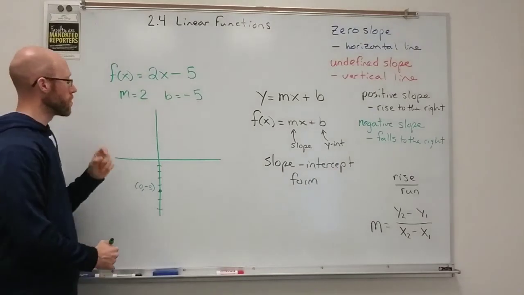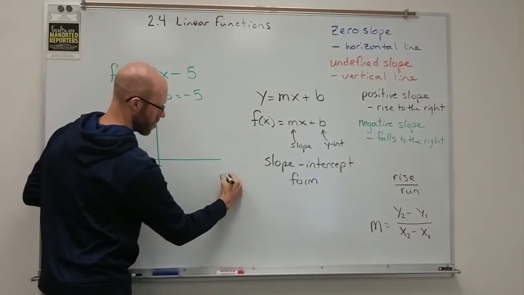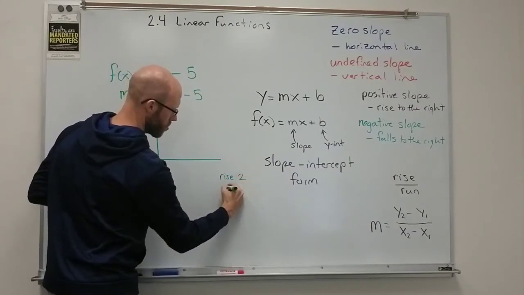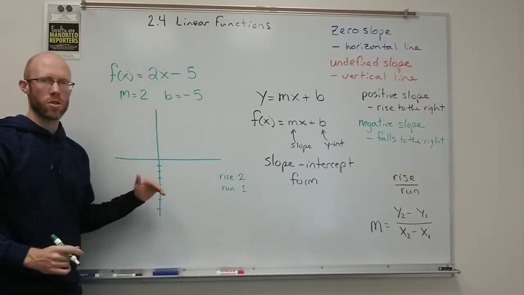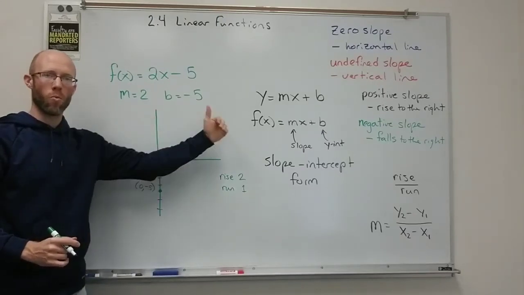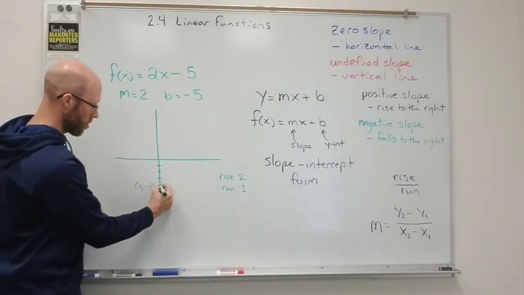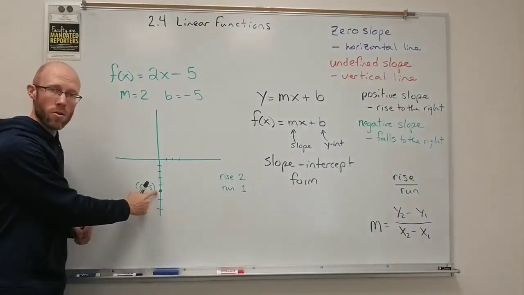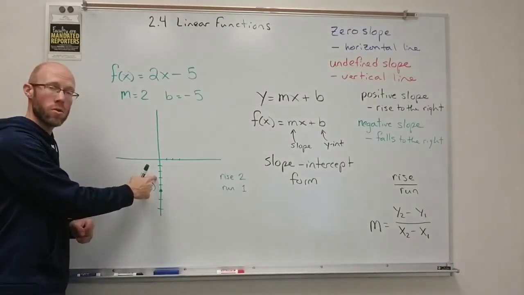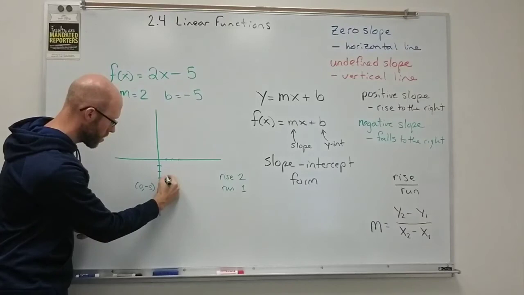Well, having a slope of 2 gives you a rise of 2 and a run of 1, right? So for every 2 you go up, you go 1 over. And so here, in order to graph the rest of this line, from that 0, negative 5, I might go up 2 units over 1, and that would give me another point.